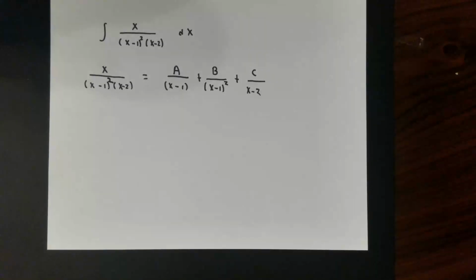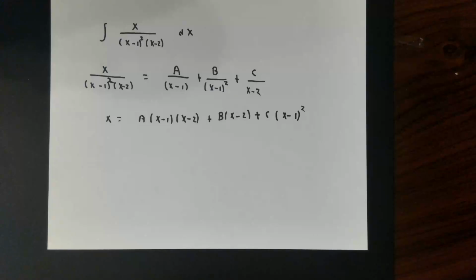In the case where the denominator can be written as a product of linear factors, except you have more than one linear factor zero at the same x value, then there is a simple procedure to follow. Instead of having a over x minus 1 plus b over x minus 2, we have to include another term.